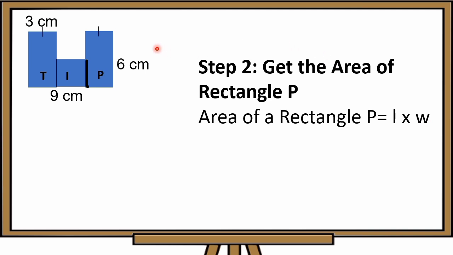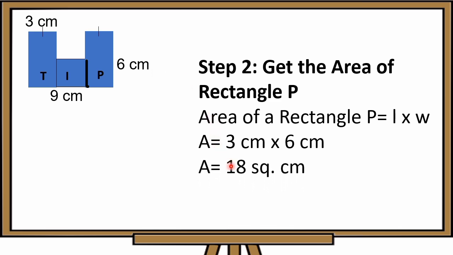Our length is 3 centimeters. So, kung papansinin mo, parehas silang may guhit na isa. Ibig sabihin, magkasukat sila. So, 3 centimeters times width na 6 centimeters is equals to 18 squared centimeter.